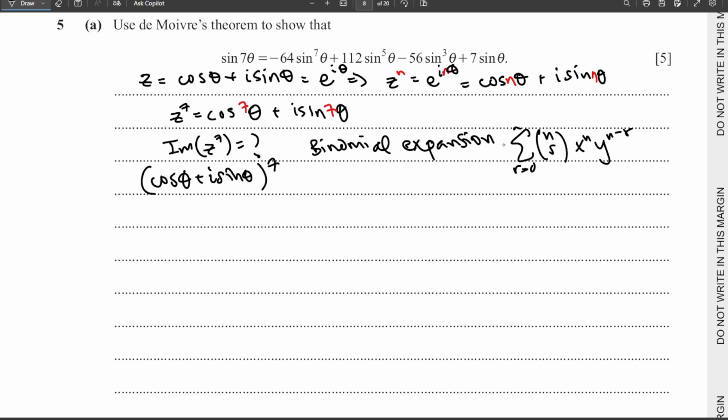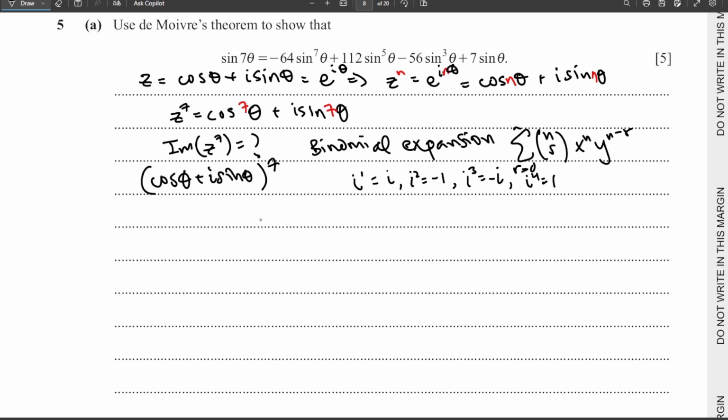So what you need to remember is the powers of i. i to the power 1 is i, i squared is negative 1, i cubed is negative i, and i to the power 4 becomes 1. The cycle repeats, modulo 4. We need to find which powers of sine are odd, because the i is connected with sine.